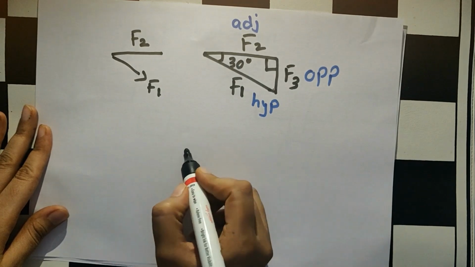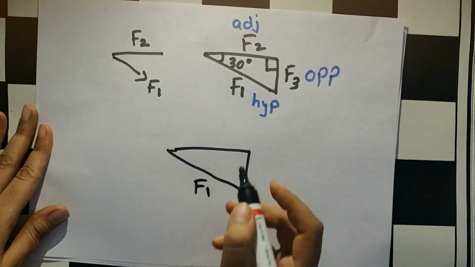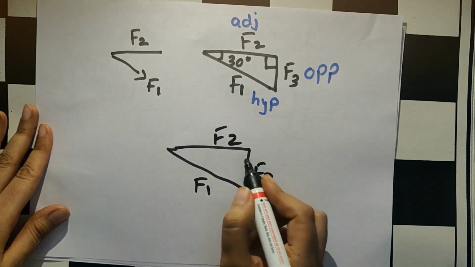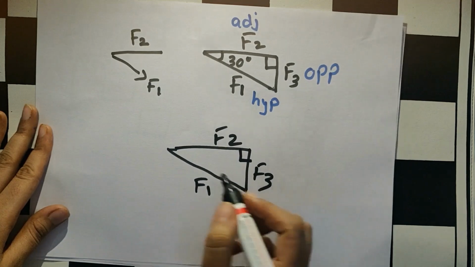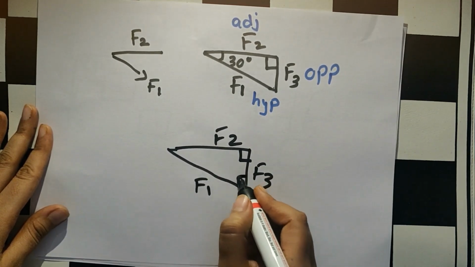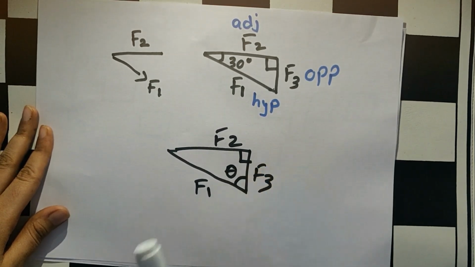Now suppose in the other question, this is F1, this is F2 and this is F3. The 90 degree will always remain the same. Suppose the F1 force was given at theta with the vertical component. Suppose this was given as 30 degree.